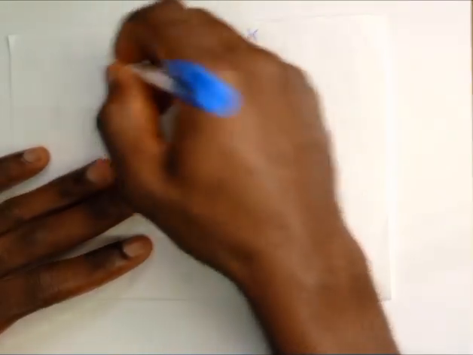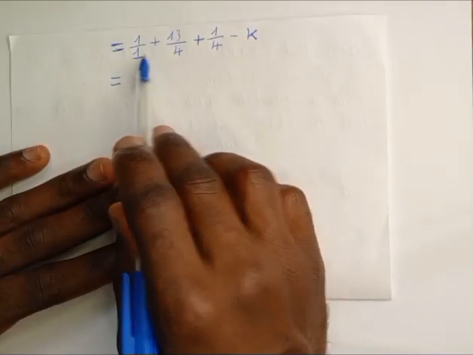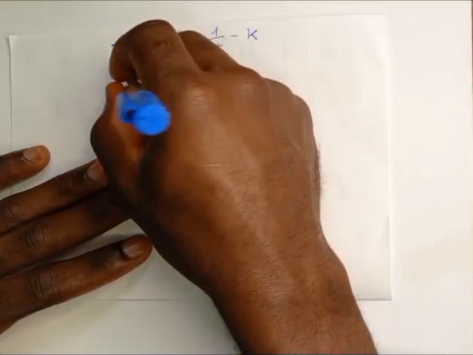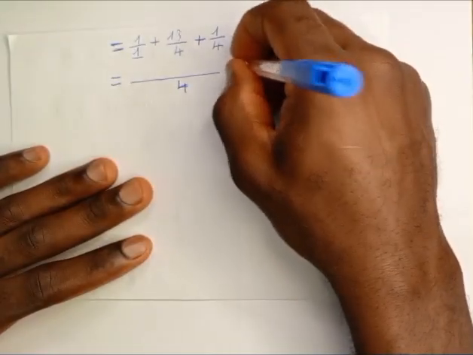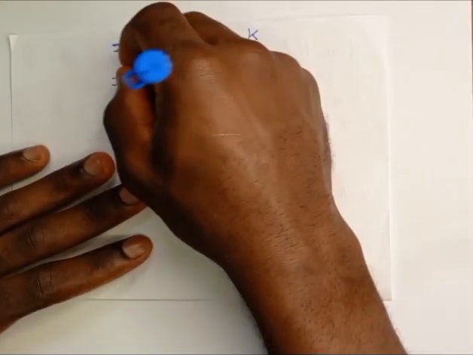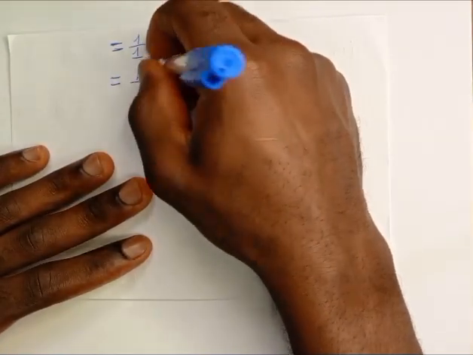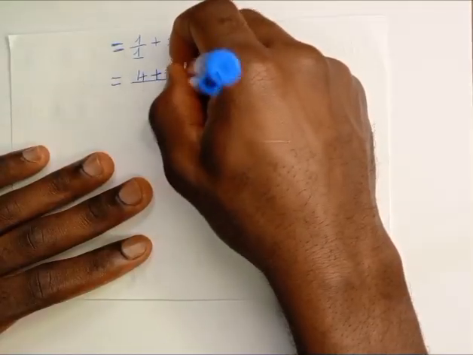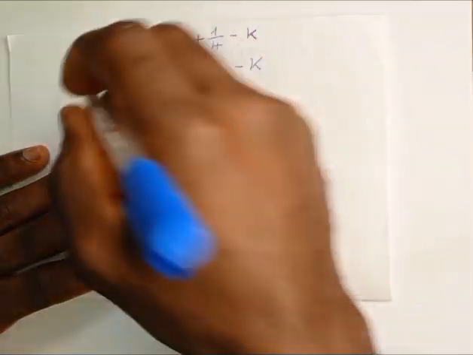This will be equal to, we are going to find the LCM of the denominators of these three fractions. The LCM is simply 4. Bring down minus k. 4 divided by 1 gives 4 times 1, 4 plus 4 divided by 4, 1 times 13, 13 plus 4 divided by 4 gives 1 times 1, 1.